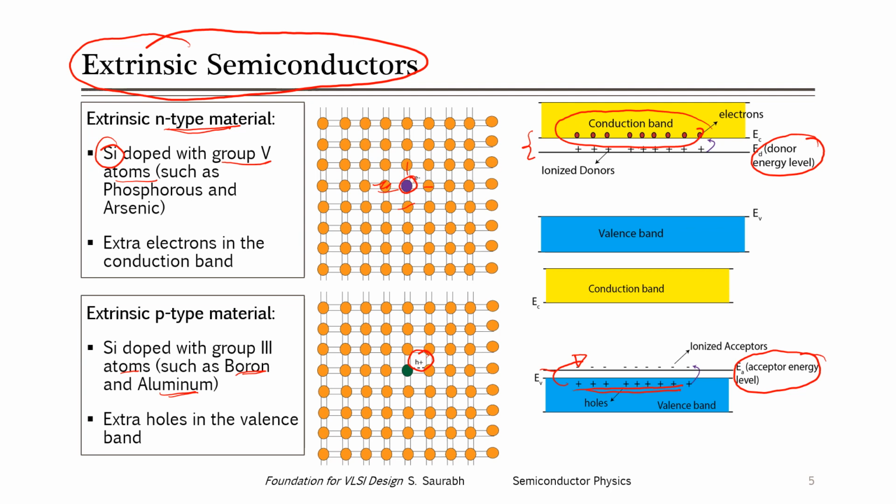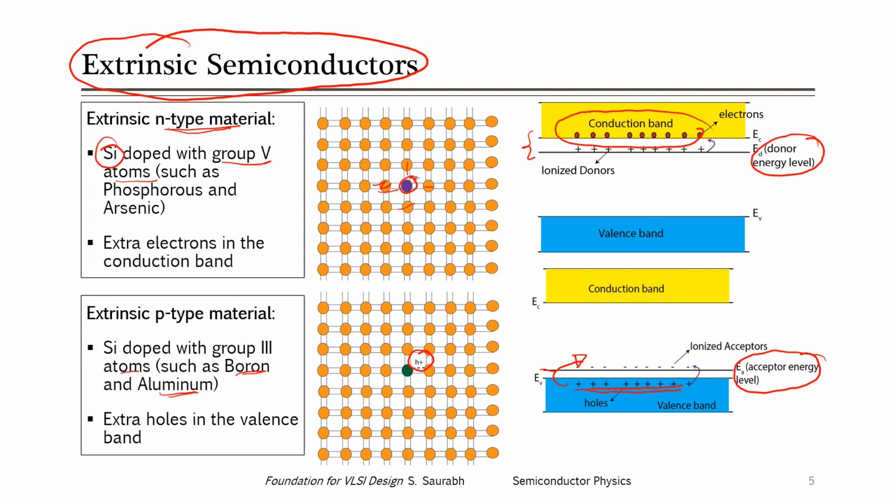So by doping the semiconductor with either donor atoms or acceptor atoms, we can have extra holes in the valence band or extra electrons in the conduction band, right?